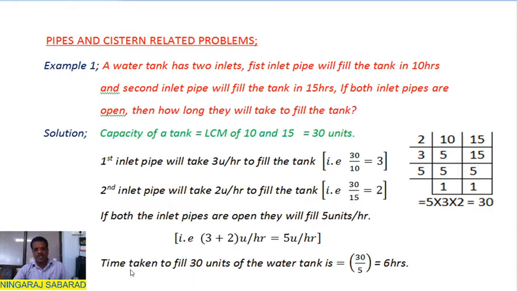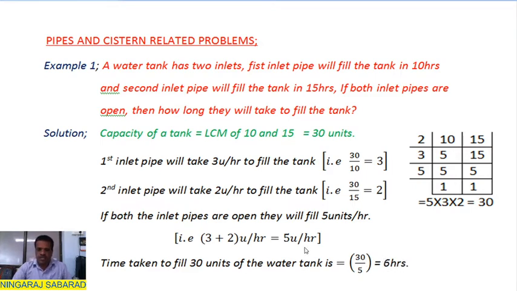The time taken to fill 30 units is 30 divided by 5, where 5 is the rate of filling with both pipes open. 30 divided by 5 gives 6. That is the time required, so 6 hours are required to fill the tank if both inlet pipes are open.